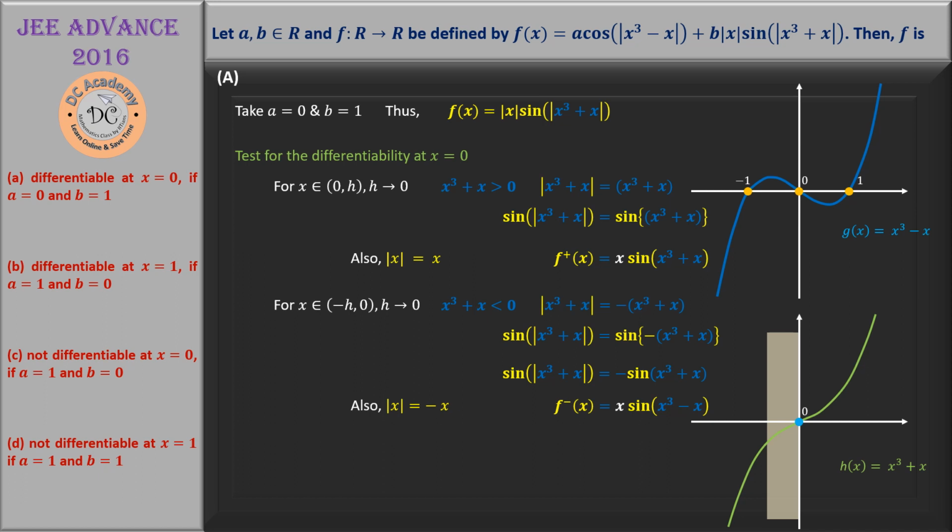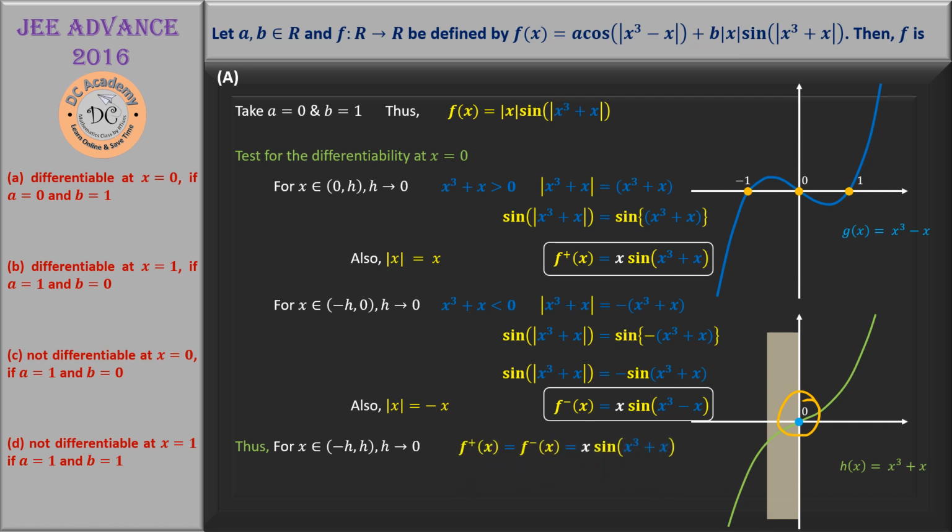So therefore, we identify that near the neighborhood of 0, f(x) has a similar form on the plus and minus sides. So we can say that the function is differentiable, because the function looks similar in nature on both sides, and it's a very simple function. So by observation only, without testing the right and left limit, we can conclude that the right and left derivative will be equal, right?